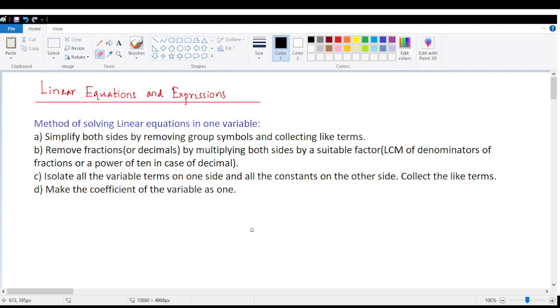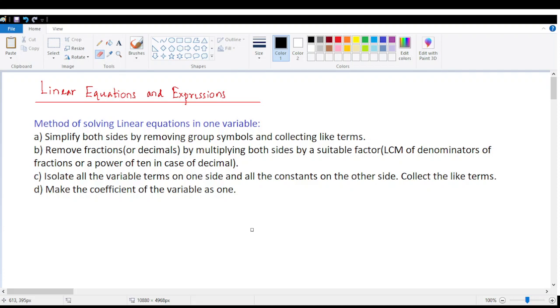When you make the denominators the same, you can just remove the denominators. I'll give you an example where fractions are involved, where we will make the denominators the same and then just remove them, right? So this is point number 2.